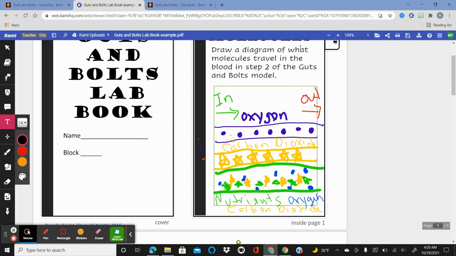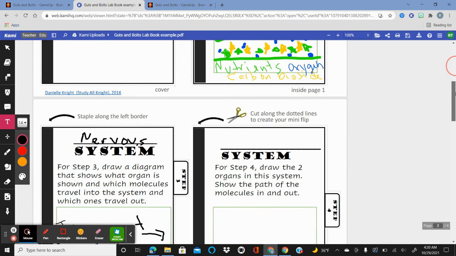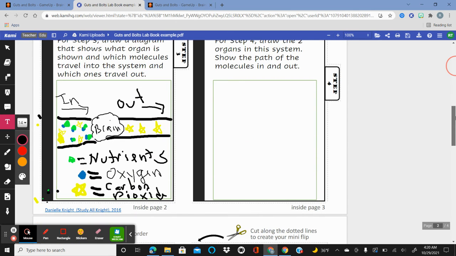My example, done digitally, to prove to you it does not have to be a beautiful drawing, and I know a lot of you can do a lot better than I can. But notice, I've got my key to show what these are. I've labeled my in and out, and now I've labeled the brain.